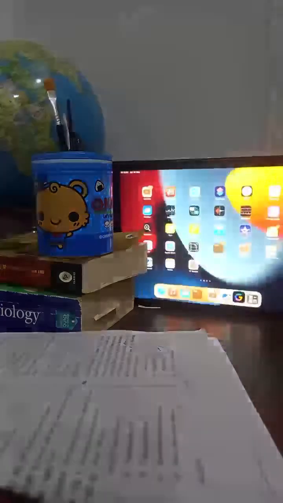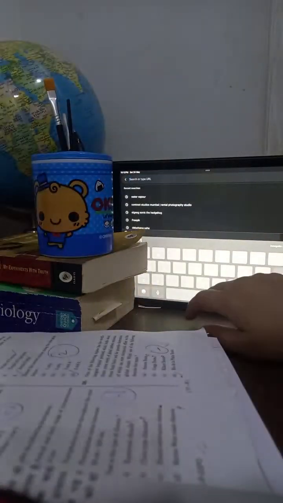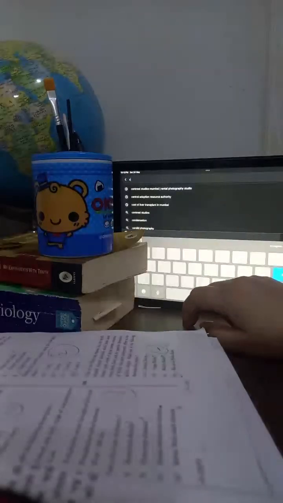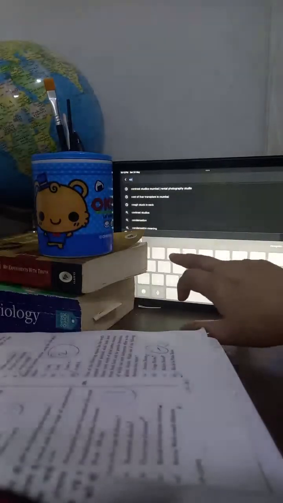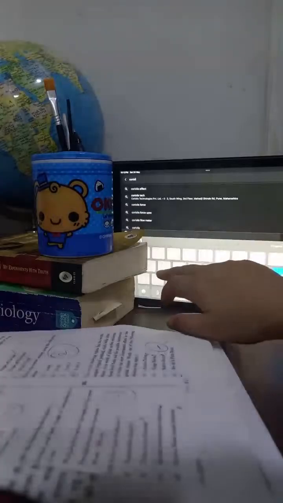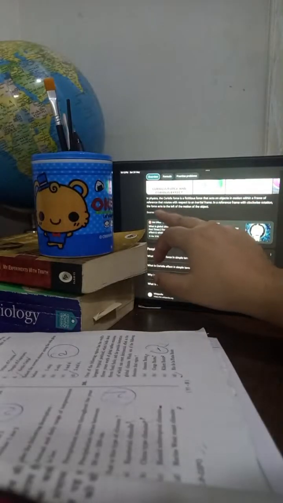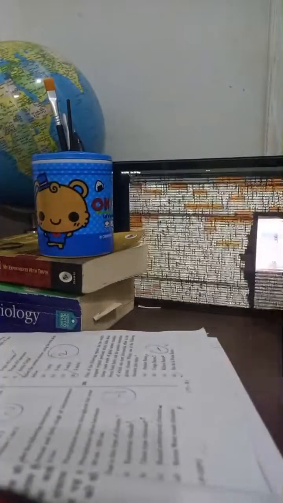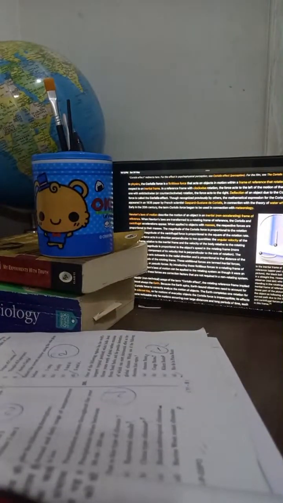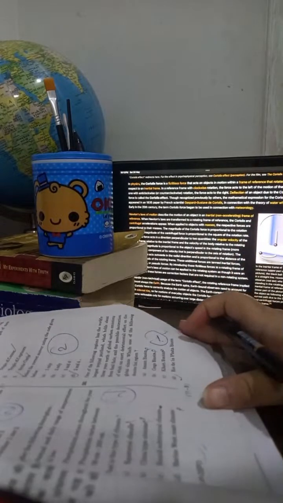Next will be on Coriolis force. Different types of weather, atmospheric conditions.